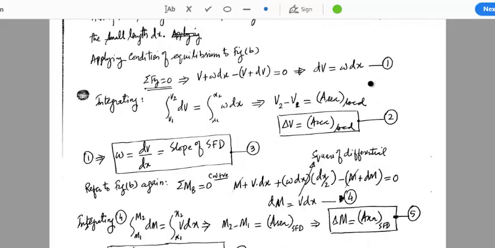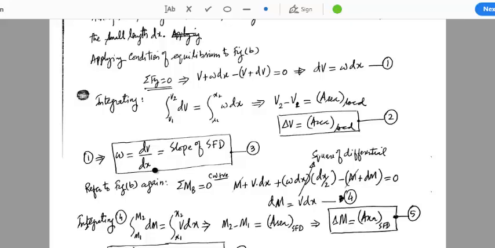Now if we reconsider equation number 1 and rearrange it, we get omega is equal to dV over dx. I've got this from equation number 1. I've just kept omega on one side, and on the other side I get dV over dx.